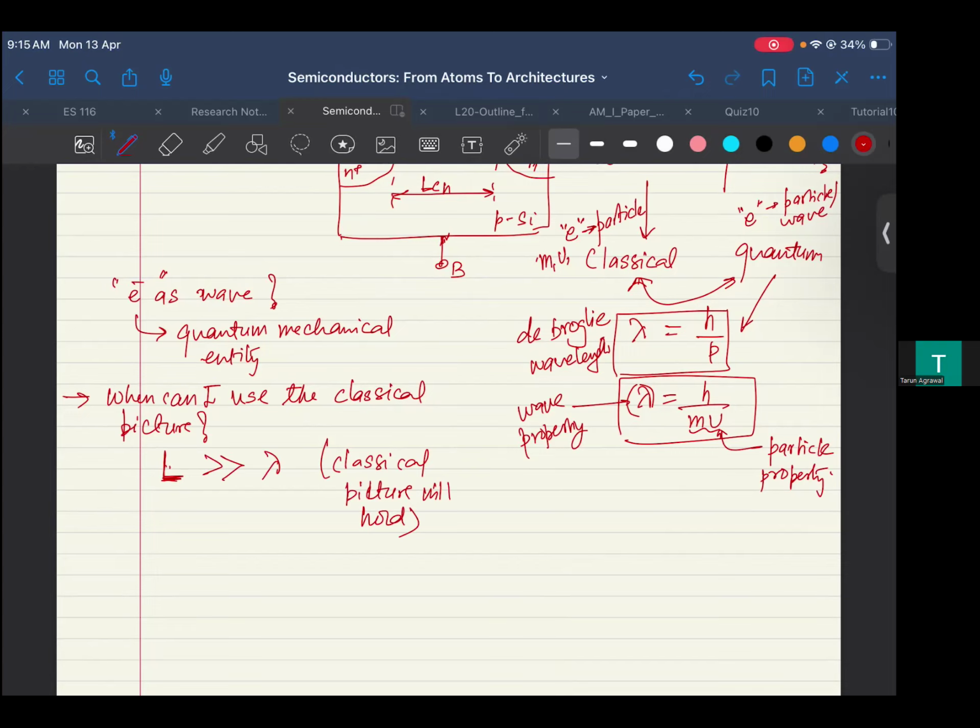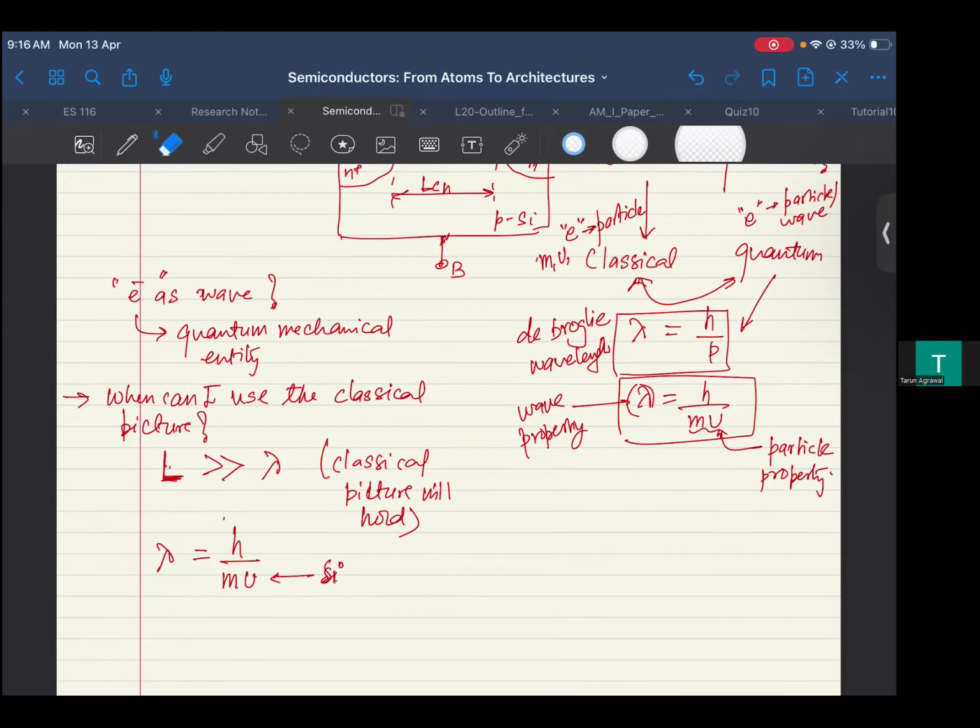So one can even evaluate this lambda, because h is the Planck constant, for let's say a particle in silicon. For silicon, you may find this comes out to be, let's say, 20 to 30 nanometer, the wavelength, I mean.